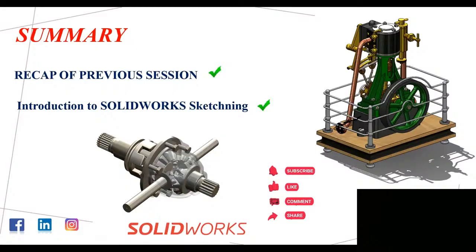Let's say taking the origin as a reference, creating the rough sketch, then defining the geometrical constraints, then the dimension constraints, and then fully defining your sketch, and then how to assign the material, keyboard shortcuts, everything we had covered, right? So that's all about today's session, guys.